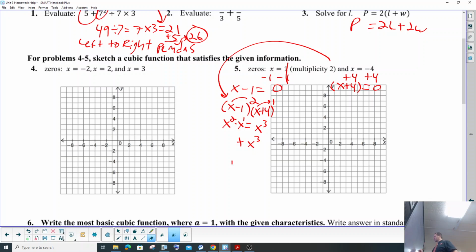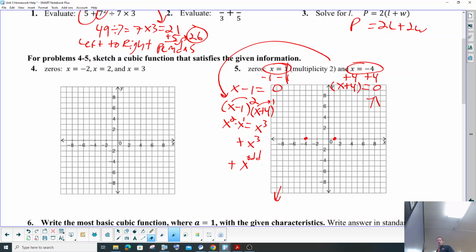So that means if it's positive and it's odd, that means it's going to be down here and up here, right? So to the left, we're at negative infinity, to the right, we're going up to positive infinity. End behavior, down then up. Okay, so then we do our x-intercepts, or zeros, which again was at x equals 1, as well as x equals negative 4.